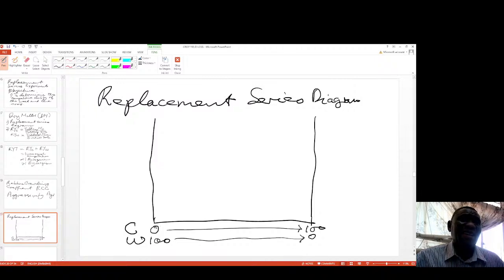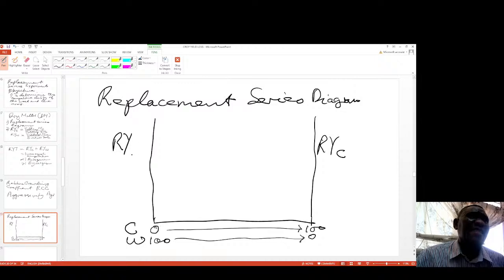Let us have a case of the crop. As we increase the numbers up to 100, maybe the dry matter will increase. So on the y-axis for the crop, let us put it here. We put relative yield of the crop. So this is against relative yield. Again here it's against relative yield of the wheat.